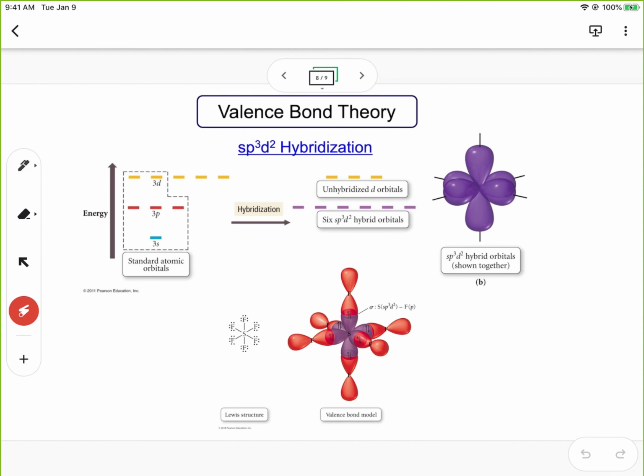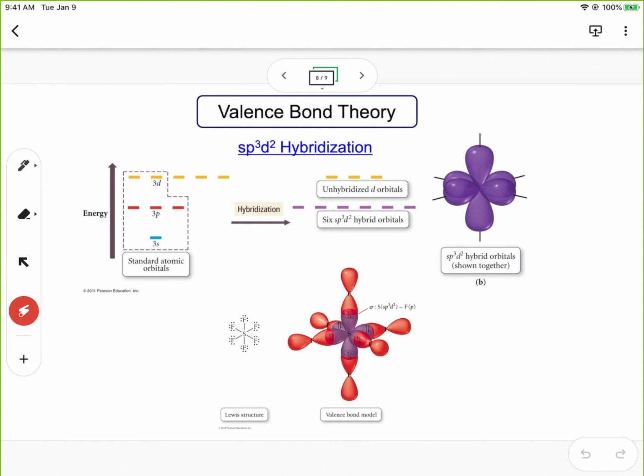You have 6 identical SF bonds, and it's sulfur again. It is an exception to the octet rule because in this case sulfur has 12 electrons, so you have 1, 3, 2, a total of 6 orbitals involved. So at maximum you can get 12 electrons on these 6 equivalent orbitals, right? So that's why sulfur can get more than 8.